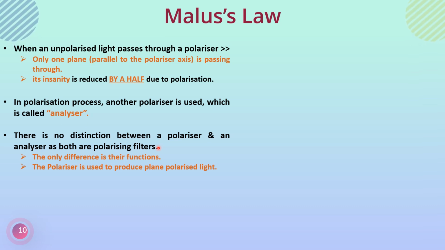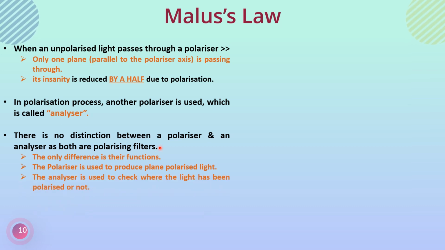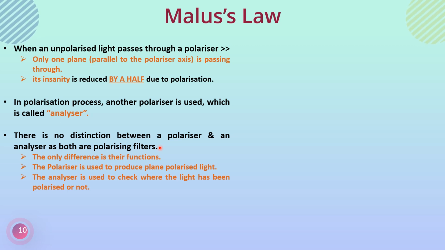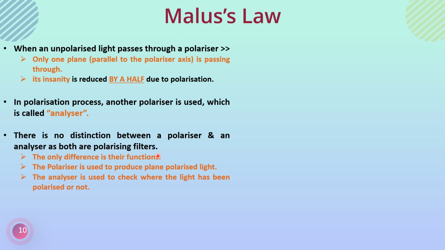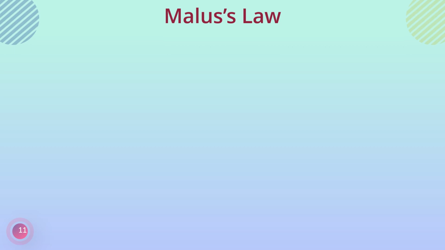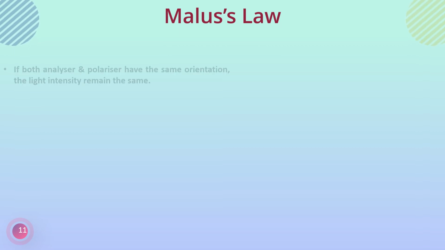However, the analyzer is used to make sure that the light has been polarized. So it is like confirming whether it is polarized or not. Both of them are polarizing filters. There's no difference, so don't be confused.